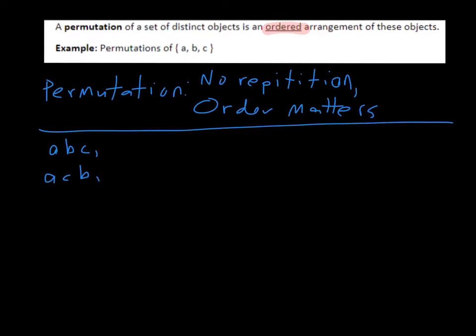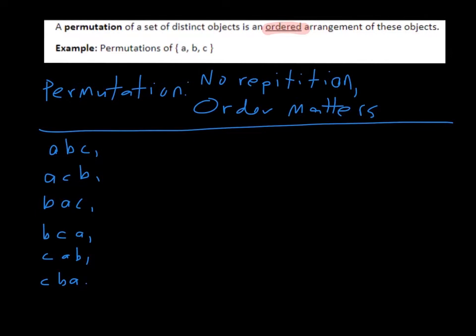Or I could have B, A, C, B, C, A, C, A, B, or C, B, A. And that's all of them. This is all of the different ways to arrange that.